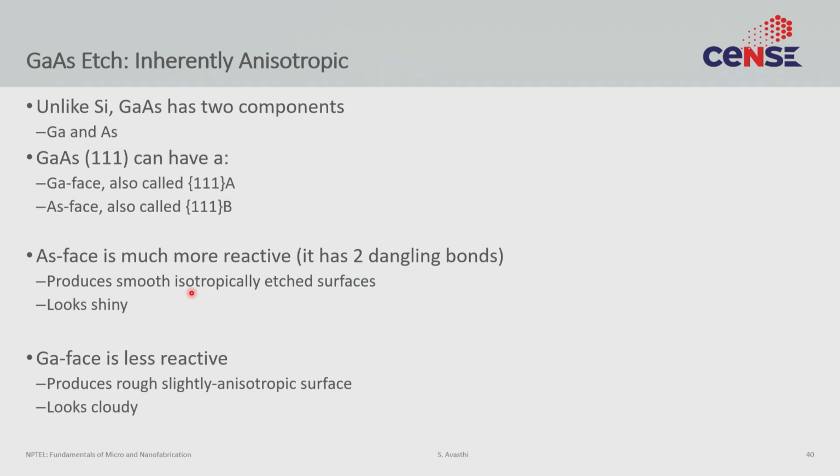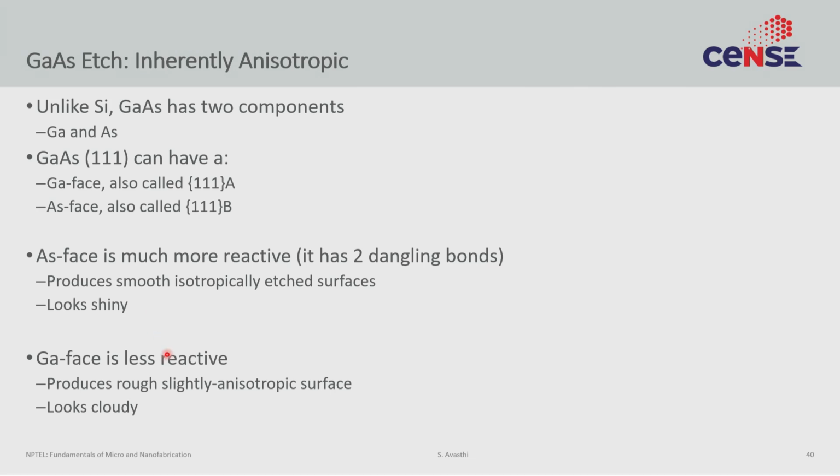Now this would come from, remember when we started looking at etching, we had discussed how some etchants are surface reaction limited and some etchants are diffusion limited. Since arsenic is more reactive, it tends to etch very fast. So these reactions are not surface reaction limited, they are diffusion limited, and diffusion limited reactions tend to produce shiny isotropic etches. Okay? So the end product looks shiny, which is often important if you're making optical devices in gallium arsenide.